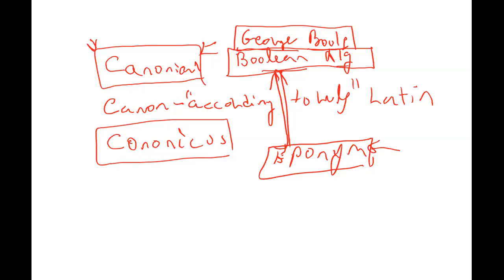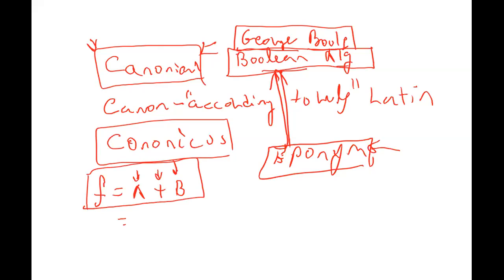Okay, so here comes a canonical form. If F is equal to A or B, how can I form the canonical version, which is a sum of products? So this is a product, that's a product, and this is a sum.